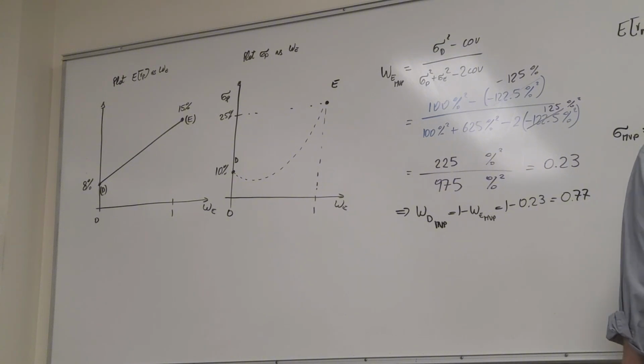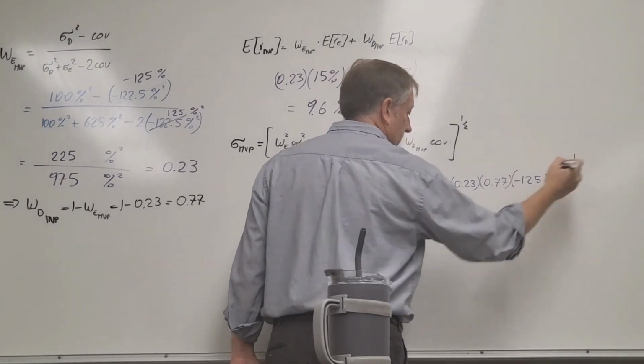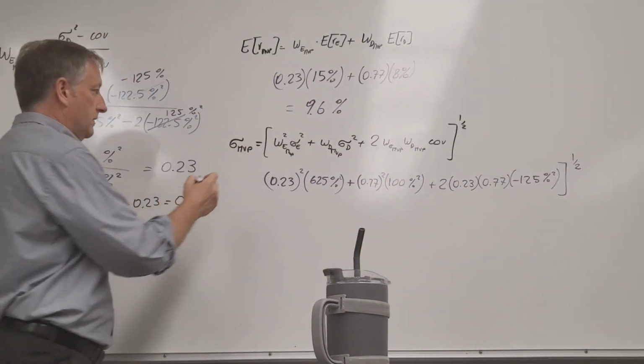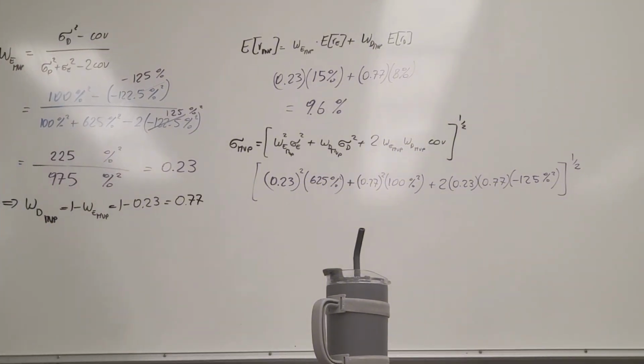Covariance was negative 125. And then you take a nice square root at the end.